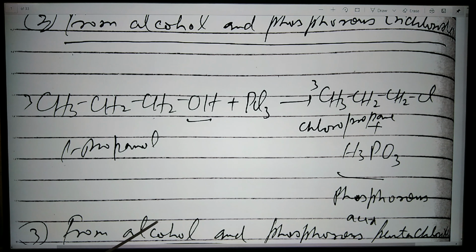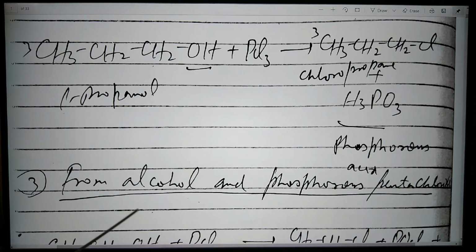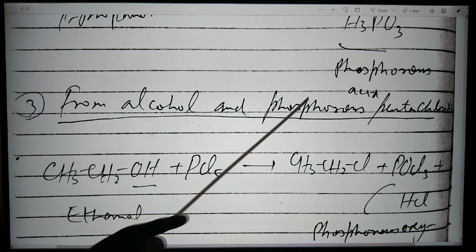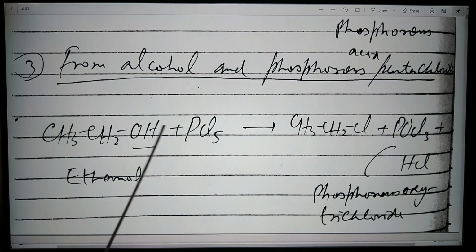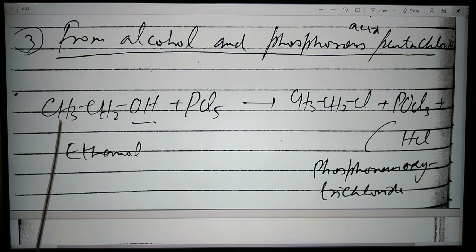Similarly, the third method is from alcohol and phosphorus pentachloride. In this case, consider ethanol, CH3CH2OH, because we have 2 carbon, so it is called eth. OH, that is ol. Ethanol, PCl5, phosphorus pentachloride.